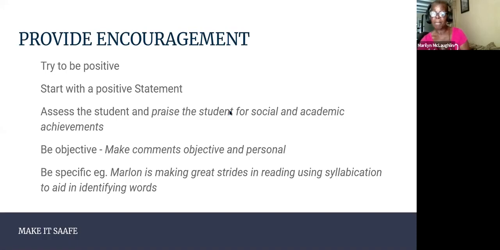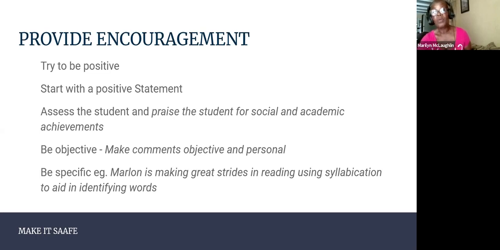Also, in writing my report card, I provide a lot of encouragement, because parents will get turned off when everything that you say is negative. You don't want to bombard them with just negative things, even if that is so with the child, where the child is not pulling his weight, or the child is disruptive.